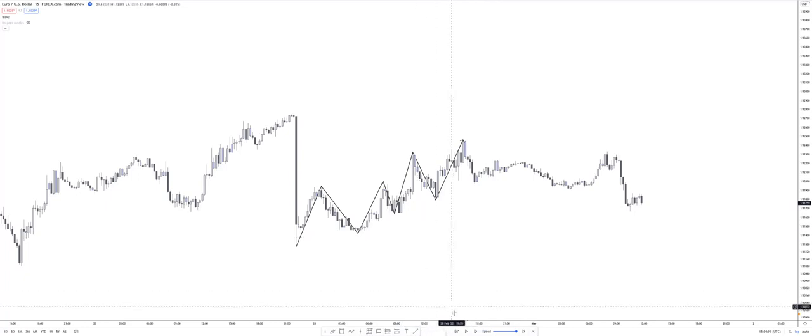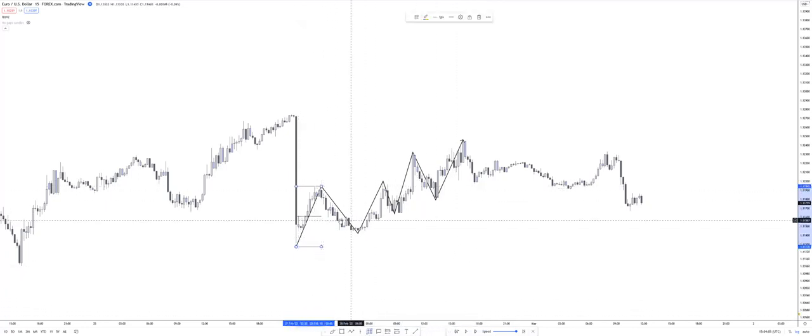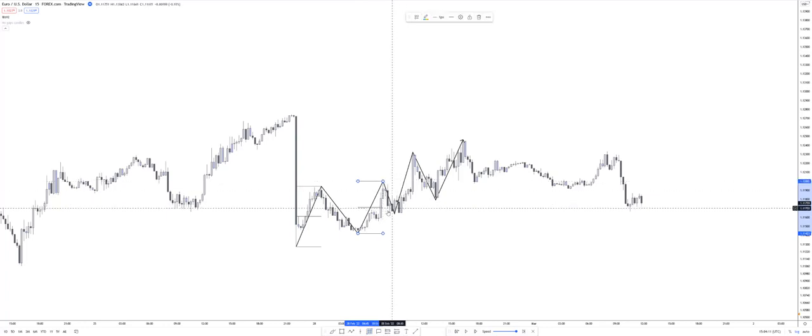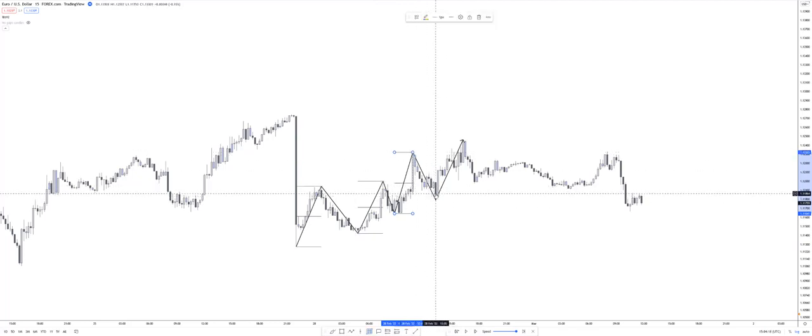Now as you can see as well, there are mitigations, so this is mitigated to the discount, then this leg gets mitigated to the discount, and then this leg gets mitigated to the discount. So there is nice order flow being built.